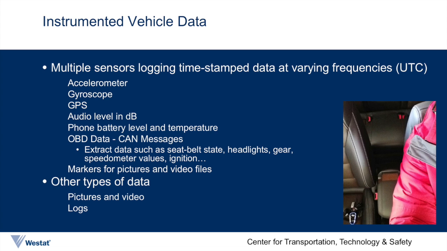So we use that to extract the seatbelt state, buckle and unbuckle of the front seat passengers, headlights, gear position, the speedometer values, the speed that's being sensed by the vehicle, and ignition position. So if it's off, an initial state, and then started.